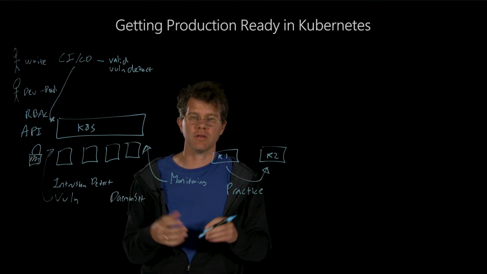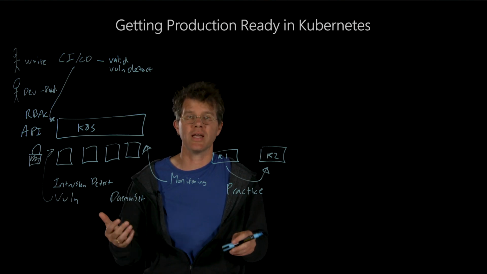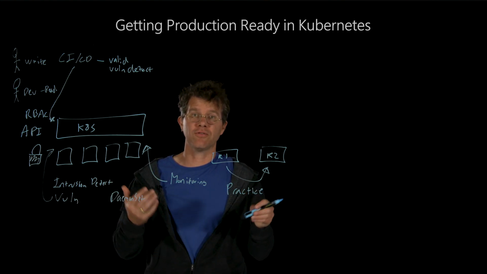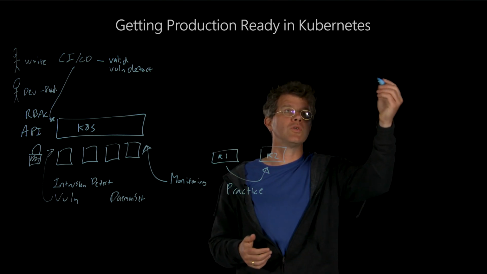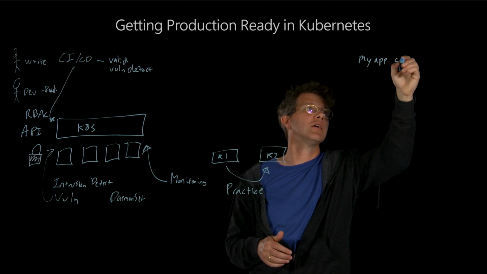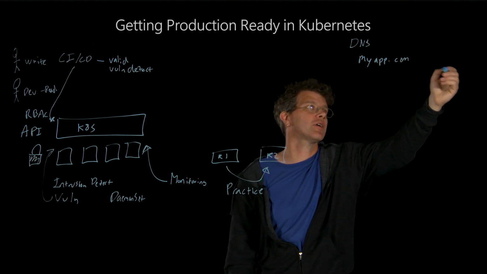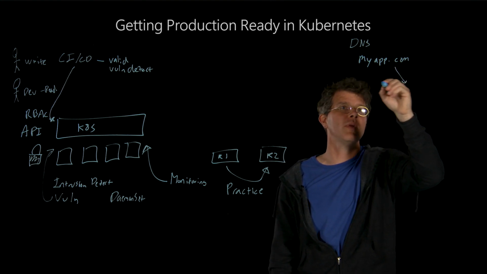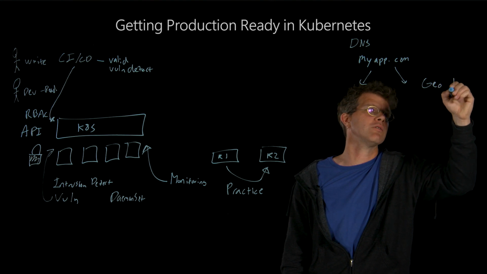Speaking of developing reliable applications, it's worth thinking about how are you actually planning on providing for failure and failover. So you want to deliver a worldwide application. You might have myapp.com as a DNS entry. You can use something like Azure Traffic Manager to map it to different IP addresses depending on the geographic area.